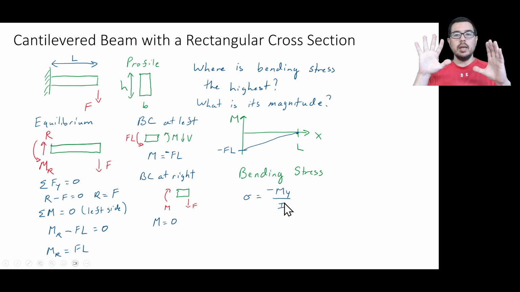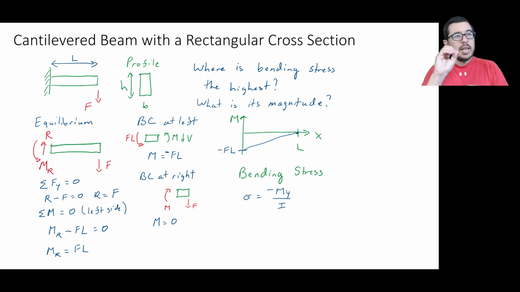So once you see the profile, lock it in. That's the I. Just like the J was when we had the polar moment of inertia, or polar moment of area, when we were doing torsion and twisting a rod. Or just like the cross-sectional area of a bar is a constant. You can't change that.